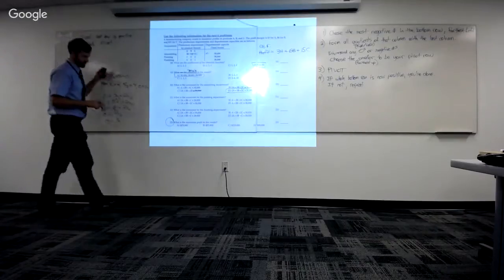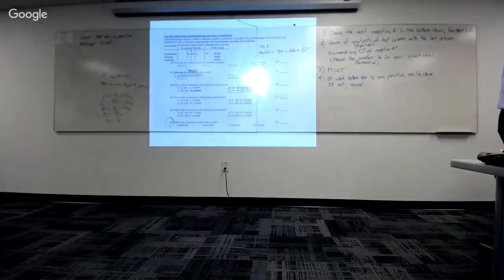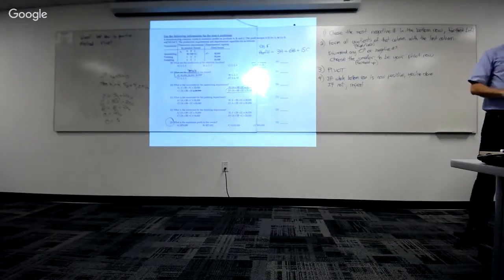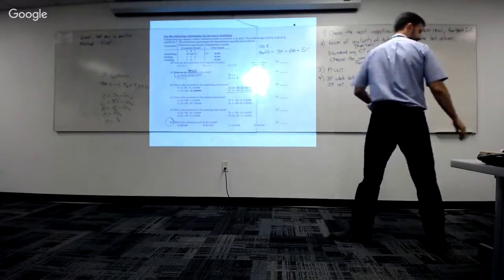Let me look at my answer key real quick and see how long the problem is. To be fair, you only have to pivot once. I think this would be a good problem for us to do. We only have to pivot once, and we can solve it.